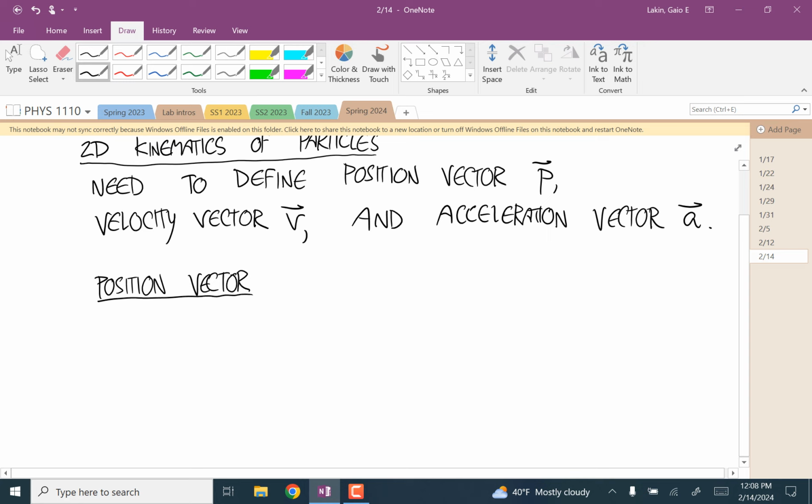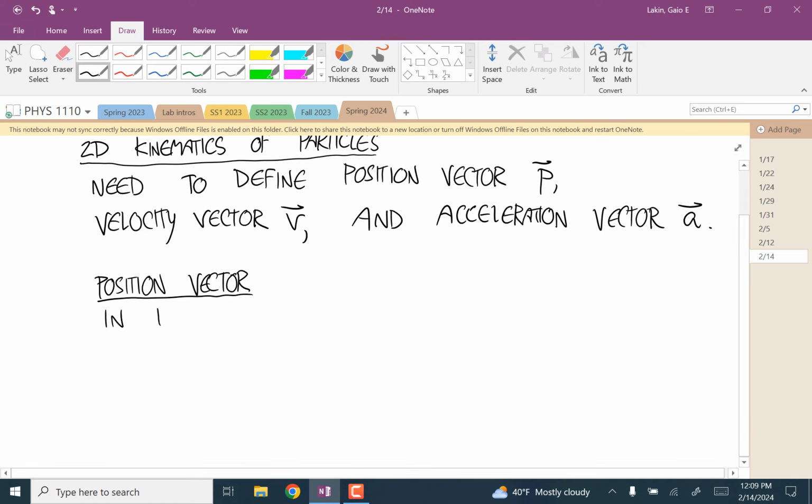Well, when I started talking about position in 1D, I gave you two things that you had to choose before you could put a value to a position. Those were the zero position and the positive direction. In 2D, there's a similar thing, but it changes a little bit.